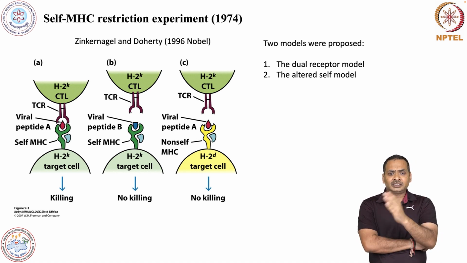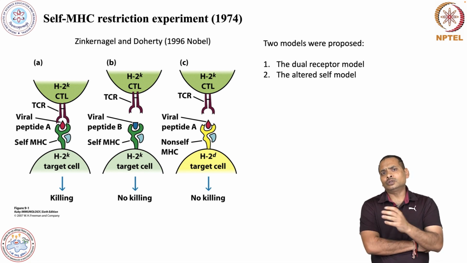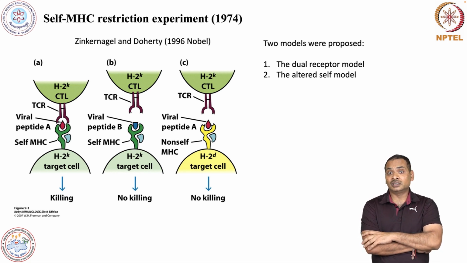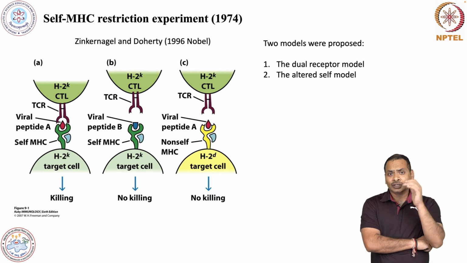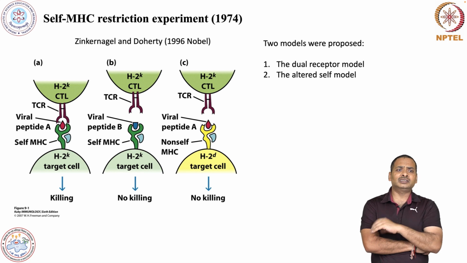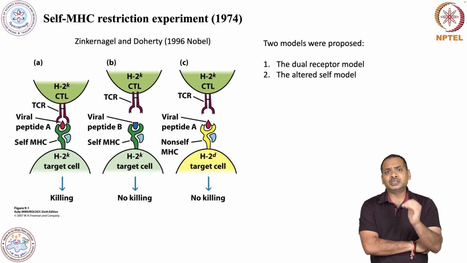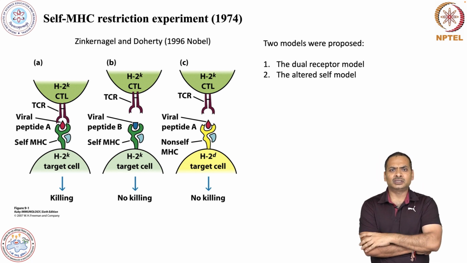In the third case, case C, the MHC is different and the antigen is the same. In this scenario also, the cytotoxic T cell will not kill the target cell, because the MHC is different. Overall, if you see this experiment, you can understand that there is self MHC restriction. Here the experiment is with the cytotoxic T cell.